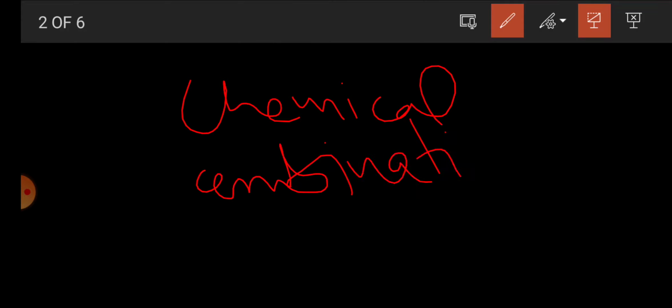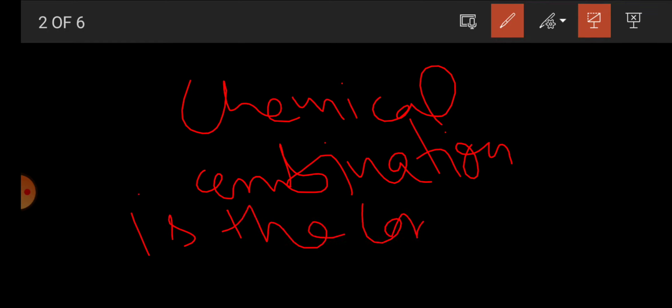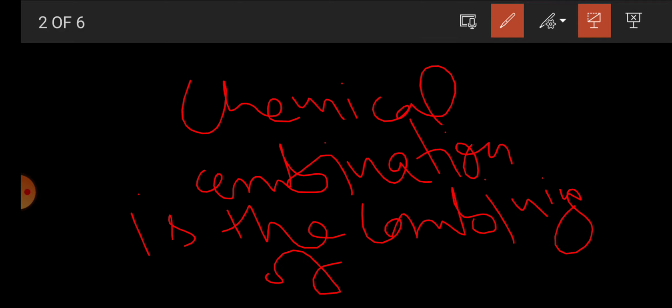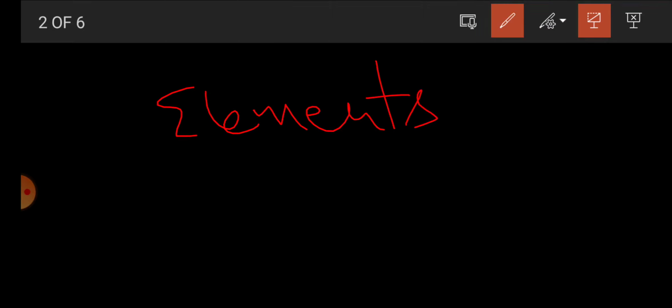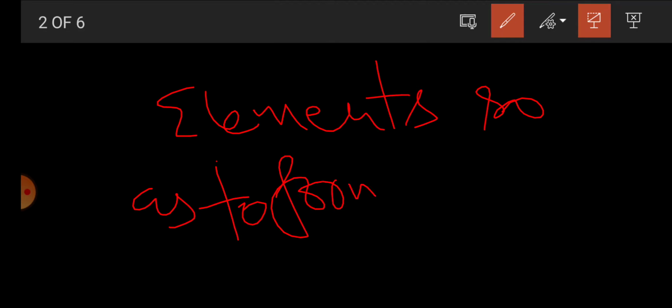Chemical combination is the combining of different elements so as to form a compound.